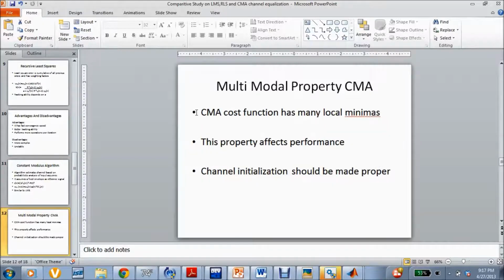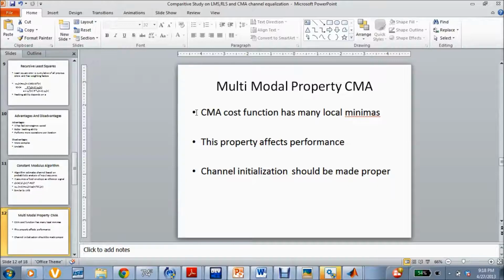And let's see about the multimodal property. CMA has this different kind of property. The cost function that I mentioned before has many local minima. That means the cost function at any time can select any one of the local minima instead of the global minimum.